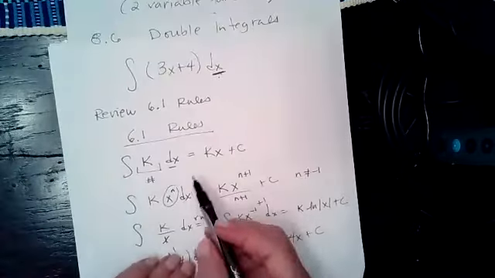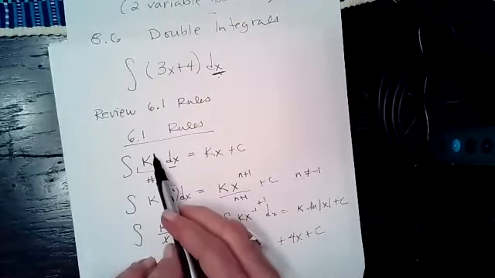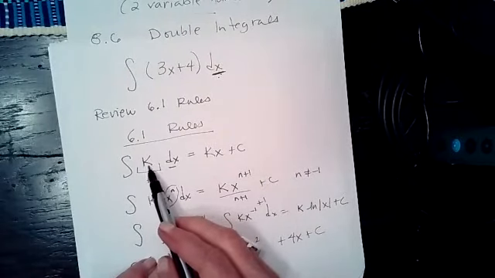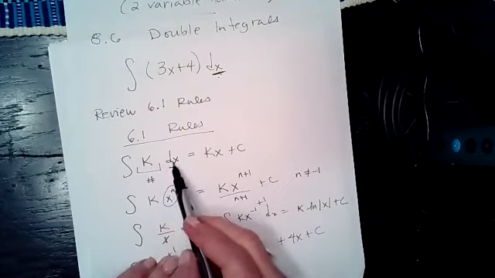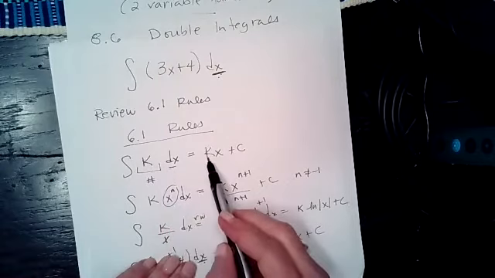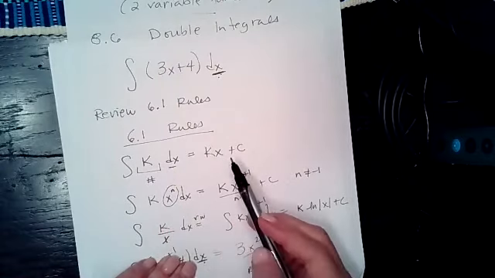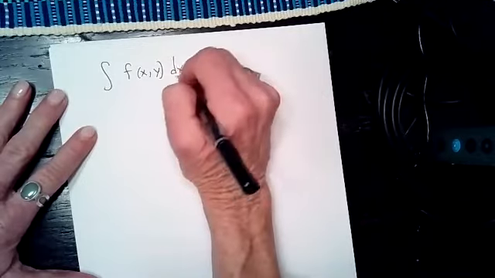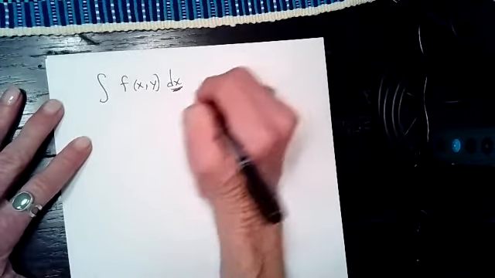So y will just look like a constant term. And how do I integrate a constant term with respect to x? I just bring over my constant and increase it by x. So sometimes we'll have to look at y's and treat them like a constant. When I integrate, the dx tells me what I integrate with respect to. So I'm going to integrate with respect to x.